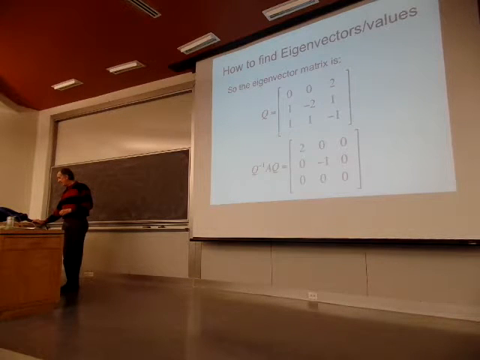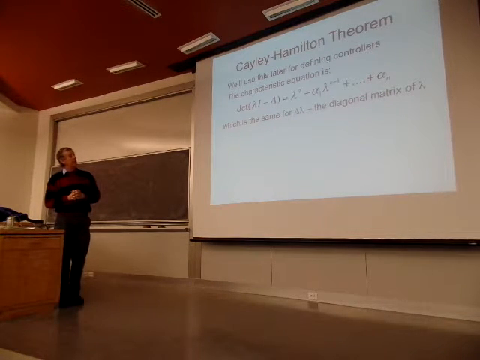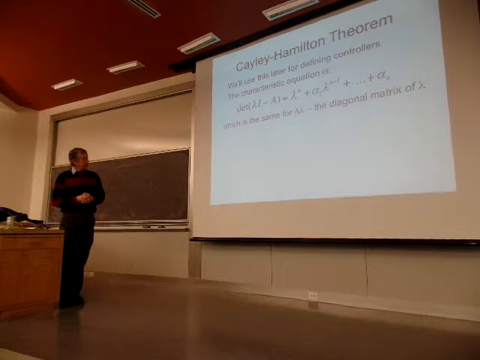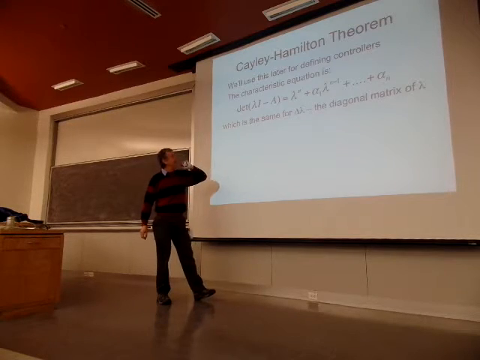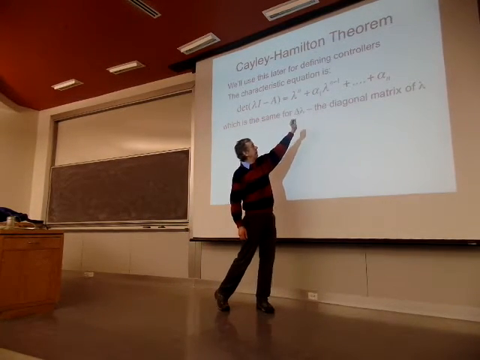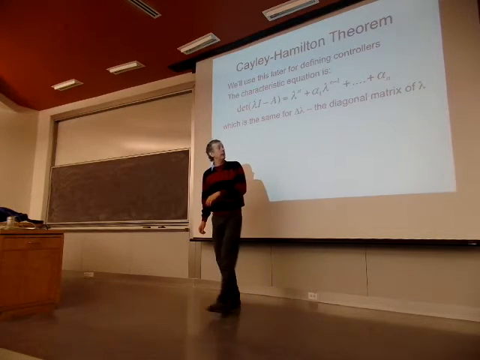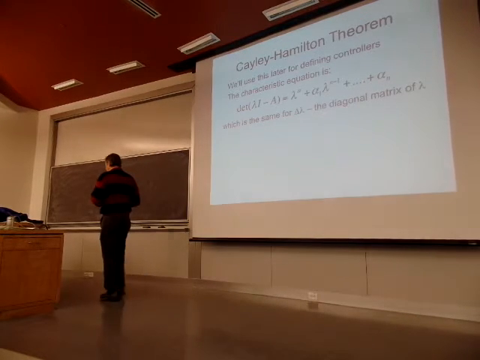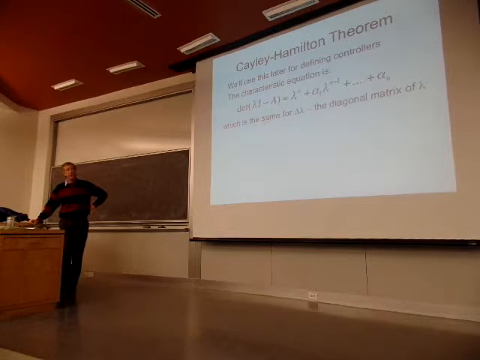Right. So I'm going to get to another theorem, which you may have never heard of, called the Cayley-Hamilton theorem. And we use this in this class here. Essentially, if I take the determinant of lambda I minus A, it's essentially lambda to the nth power plus alpha 1 lambda to the n minus 1, and so forth, all the way up to alpha n.